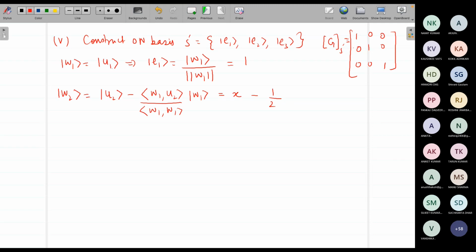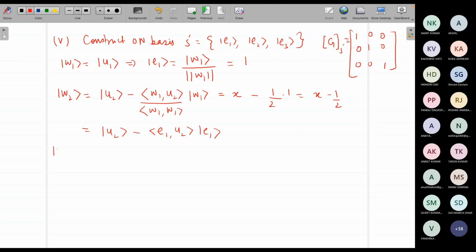It will be 1. So it's 1, and what is W1? It's also 1, so it's x minus half. Please see that I could have simply used in this case minus E1, U2, E1, which is basically the same as W1 or U1. In this case it doesn't even matter. So I can get rid of my denominator part.